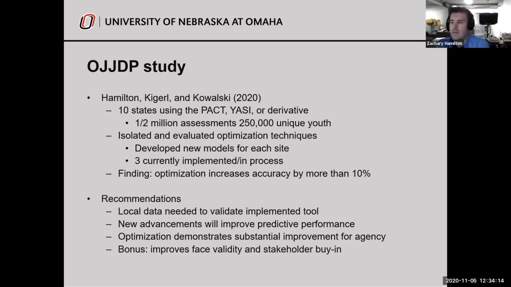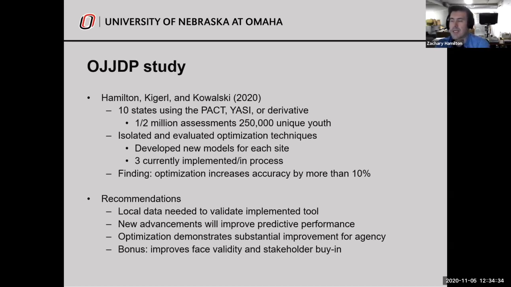And what we did was we developed a new model for each one of those states that was using that PACT or YASI assessment. And 3 of those states, namely Delaware, Iowa, and Washington State, are taking those models that we created for them and redesigning their risk assessment tool.